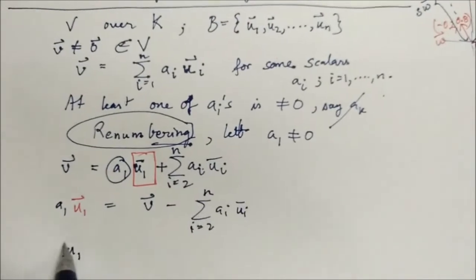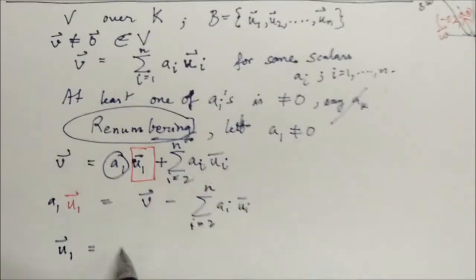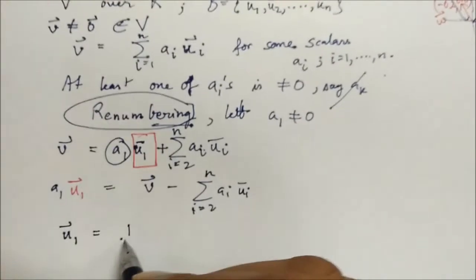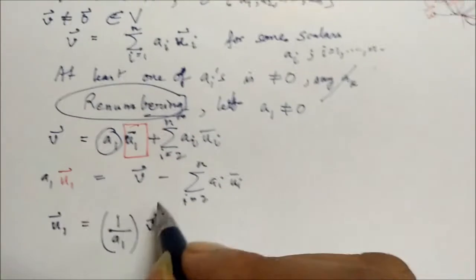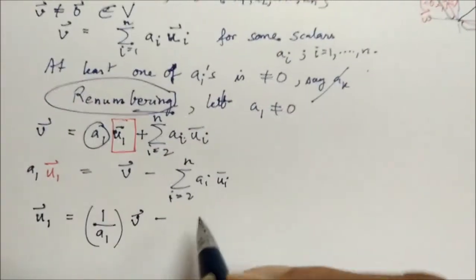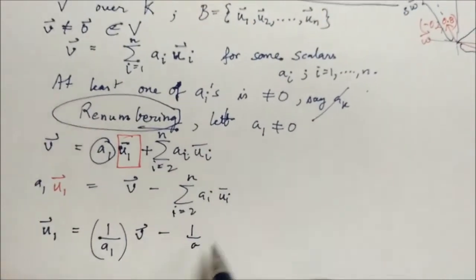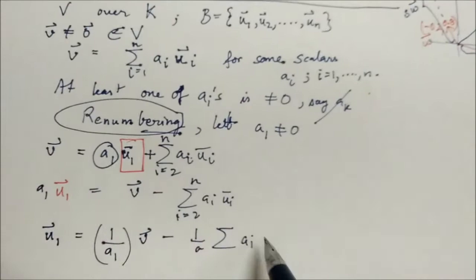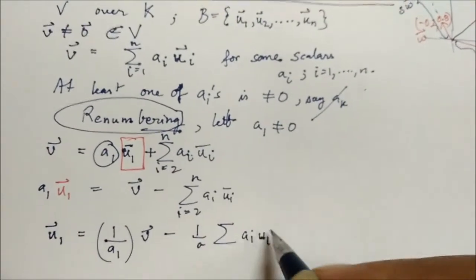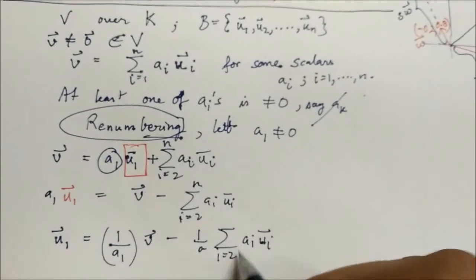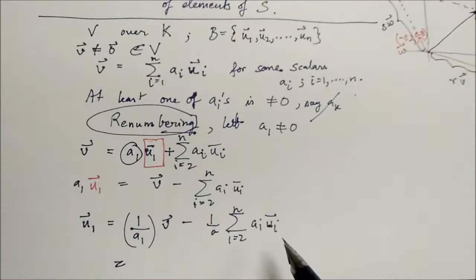We can write the u1 vector as 1 by a1 times v minus 1 by a1 times all these a2 u2 plus a3 u3 plus an un, where i goes from 2 to n in this summation. So our job here is done.